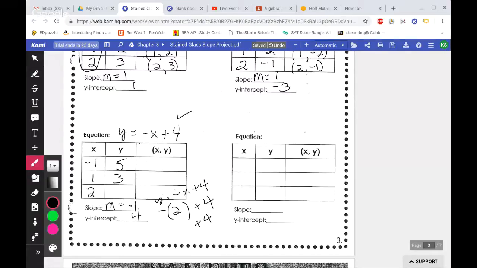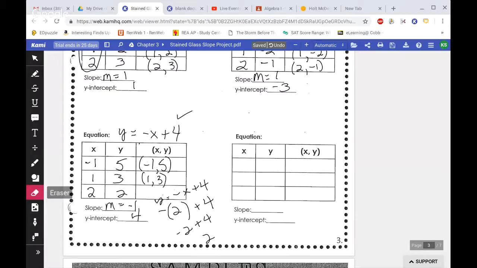And -1 times 2, that's going to be -2 plus 4, that's going to be 2. So my ordered pairs are -1 and 5, 1 and 3, and then my last one is going to be 2 and 2.